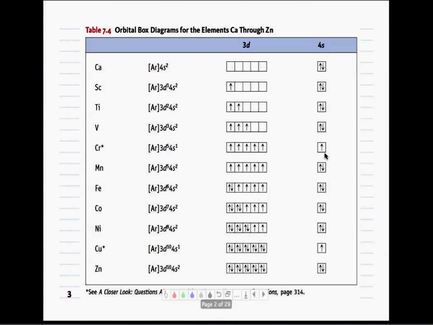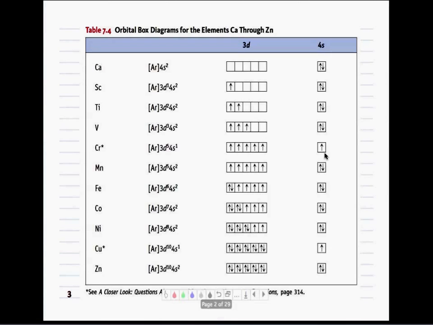The last time we talked about the transition metals, which are the d block, where we fill the 4s before the 3d. Calcium is definitely not a transition metal. So these are the electronic configurations of the period 4 transition metals. Those are the ones that you're responsible for.